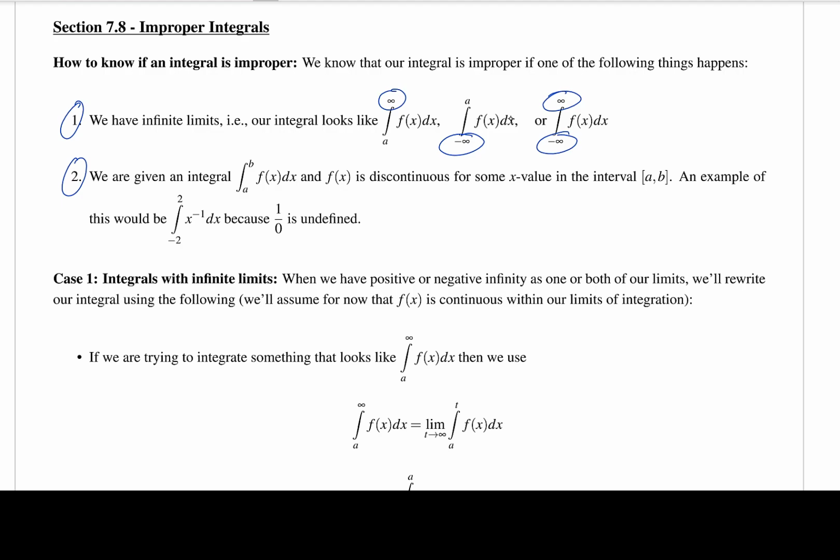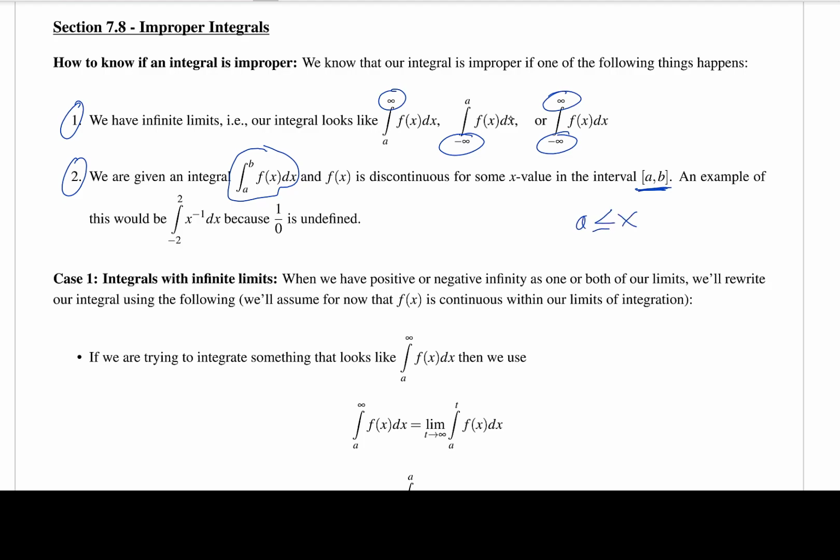By having points where it's undefined, what I mean is that we have some integral a to b of f of x dx. And this a and or b, they could be infinite, right? In which case we would have a combination of case 2 and case 1. But basically what we're saying is that inside this interval AB, there's some x value, right?